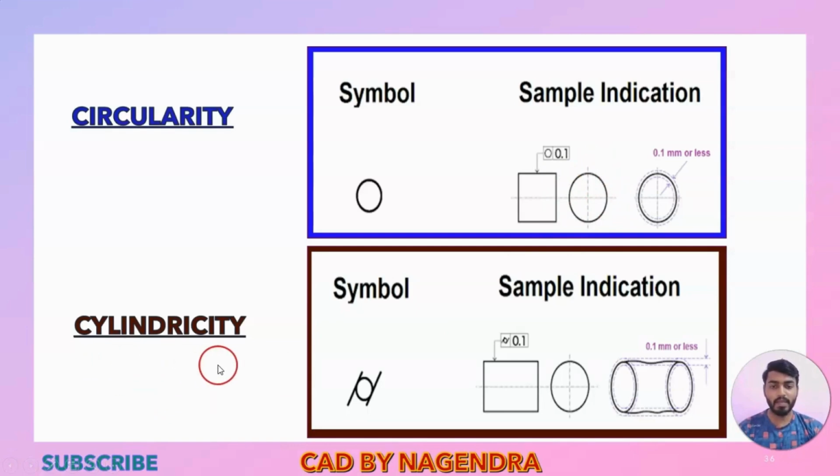Then cylindricity: circularity checks the circle shape only at a single position, but with cylindricity the entire thing should be cylindrical. It should not be a polygon at one step, a circle at the next. Everything throughout should be a circle within the given tolerance value.